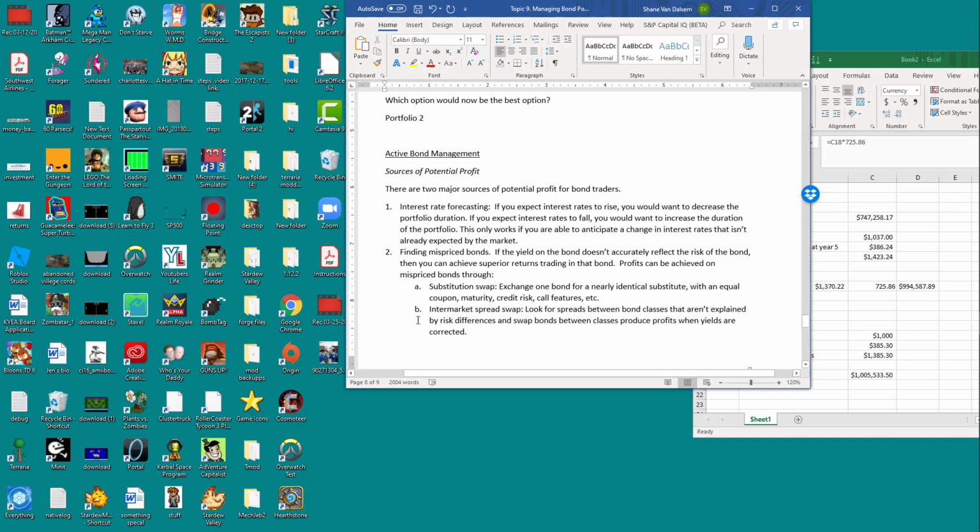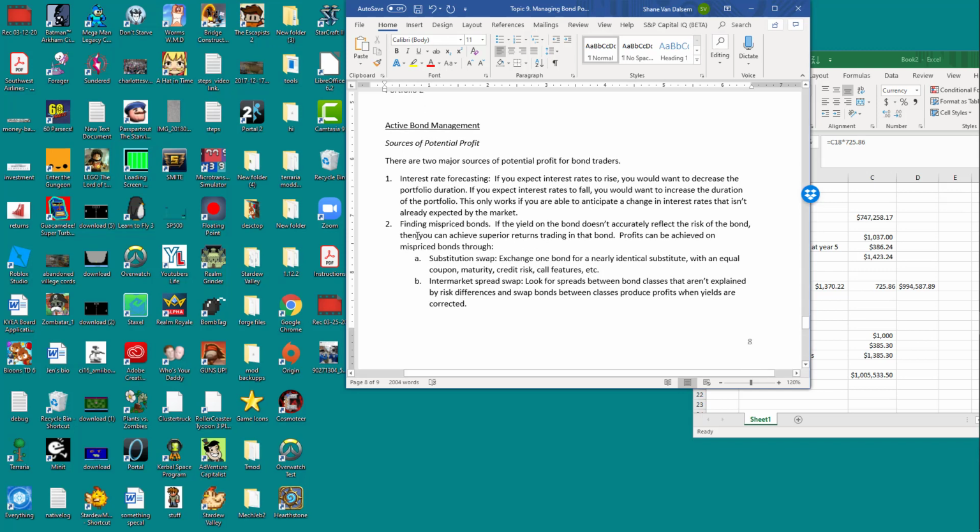Now here's the key thing. This only works if you are able to anticipate a change in interest rates that isn't already expected in the market. So this would mean that to a certain extent the bond markets are inefficient, that they don't recognize a higher potential for a change in interest rates.